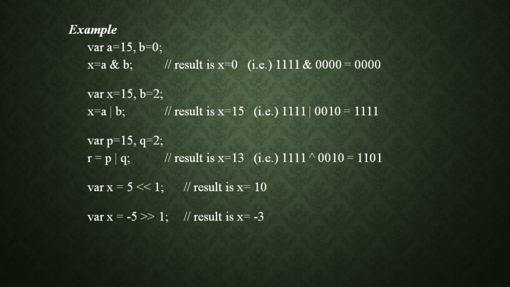It compares. If both the bits are 1, then it will return 1, or else 0. Similarly, OR specifies if one of the bits is 1. XOR, left shift, right shift.